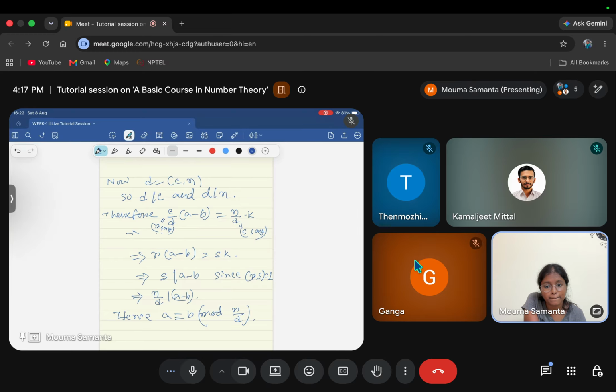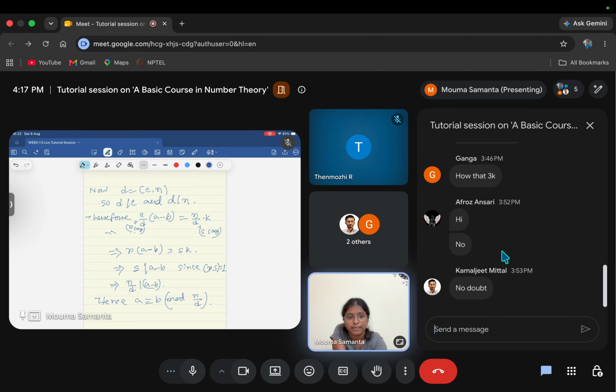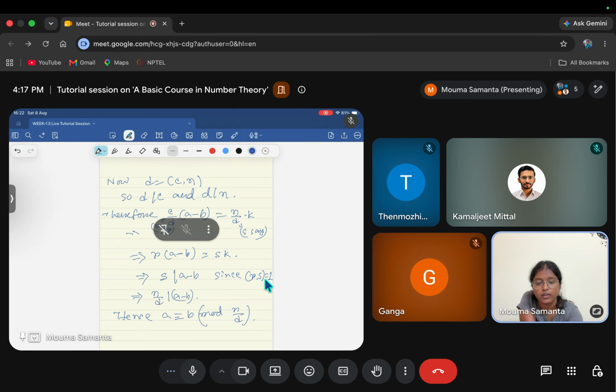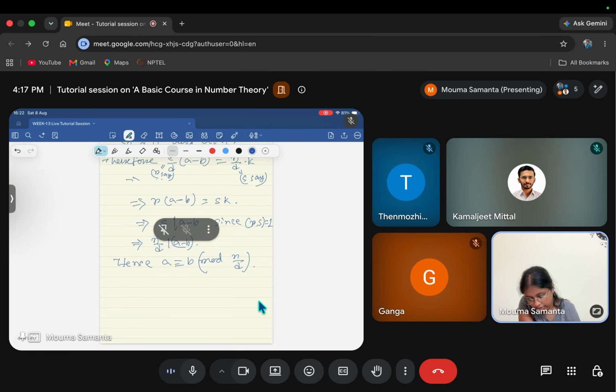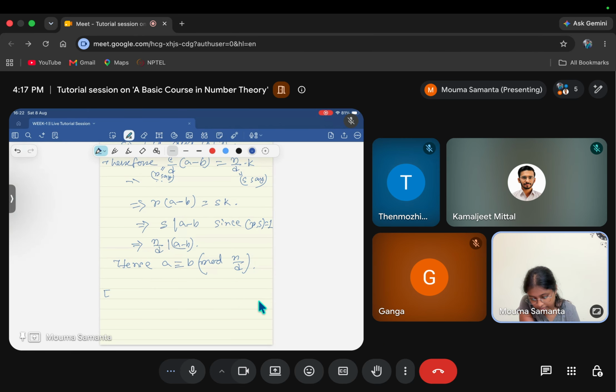Any doubt? Okay, so let's solve another theorem. This theorem is also very similar to the previous one. Let's write the statement first.